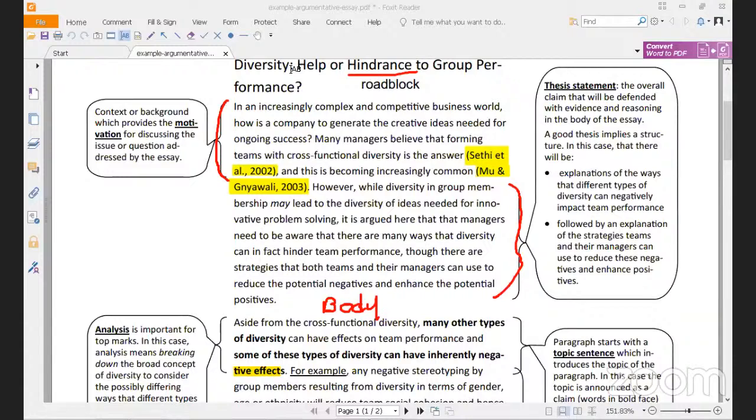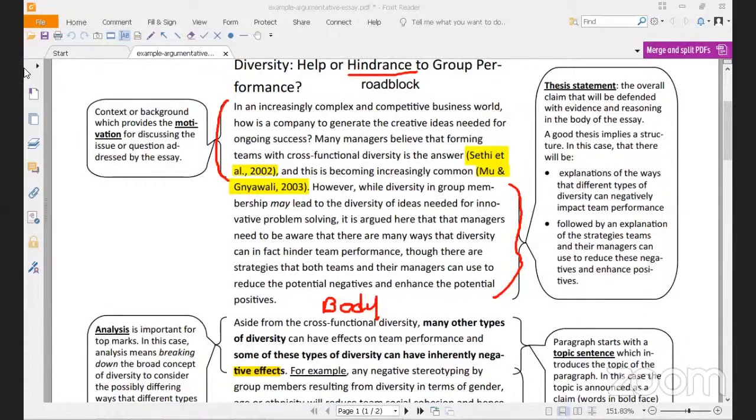In an increasingly complex and competitive business world, how is a company to generate the creative ideas needed for ongoing success? Many managers believe that forming teams with cross-functional diversity is the answer. Don't worry about that, those are the cited references, you don't have to read those. And this is becoming increasingly common.